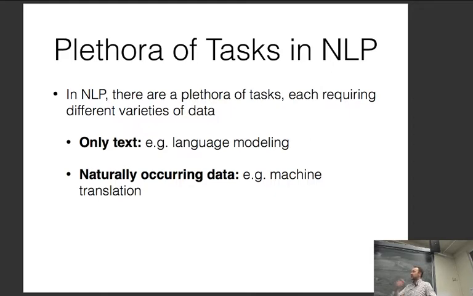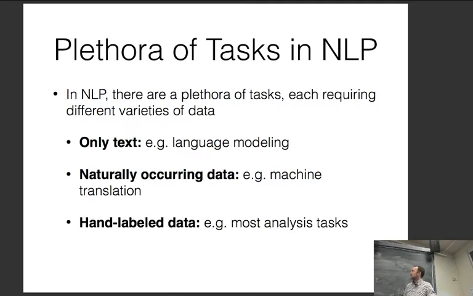Somebody else will go and create lots of data for us, so we don't need to bother making it. And usually these have much more data than the ones where we need to create data. And then finally, we have hand-labeled data, things where we need something like the Penn Treebank, where we actually have to have linguists or NLP researchers go in and label things.